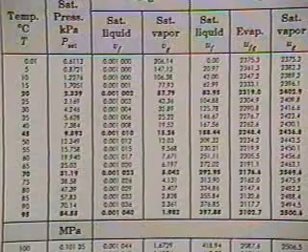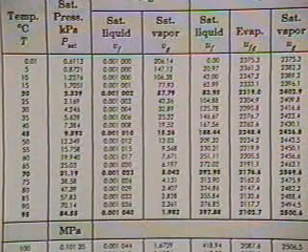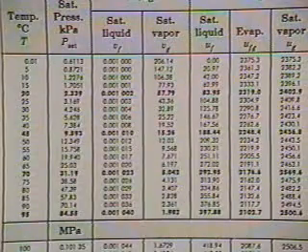Okay, now to just refresh yourself for just a moment, if you have a liquid that is in the subcooled state, if it's not under very high pressure conditions, then you determine the enthalpy of a subcooled liquid by looking at the temperature of the liquid.